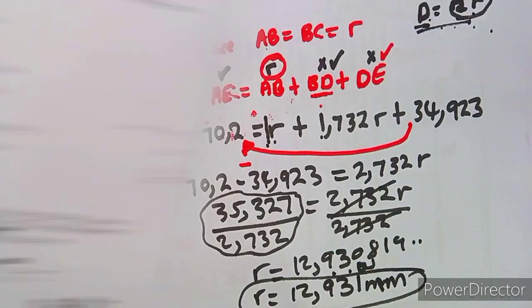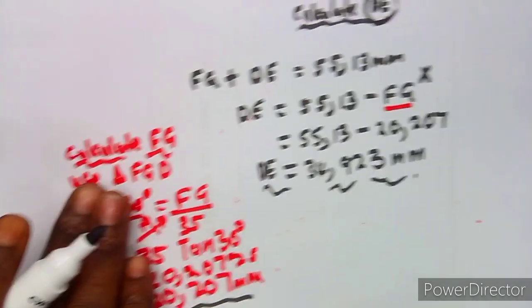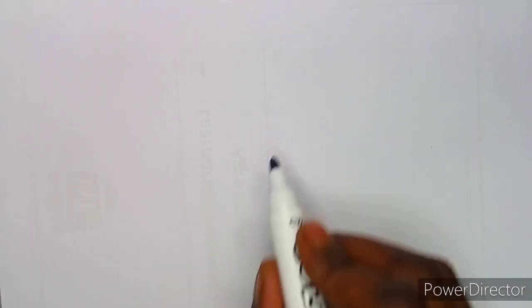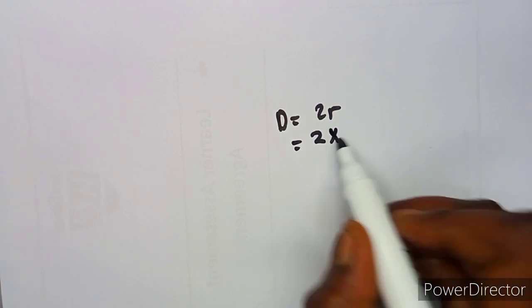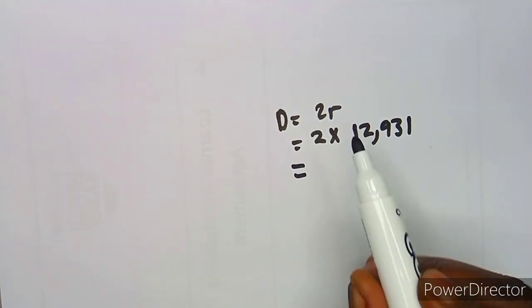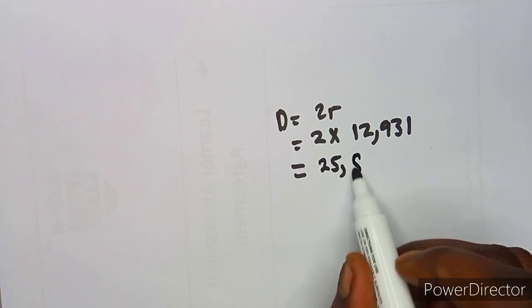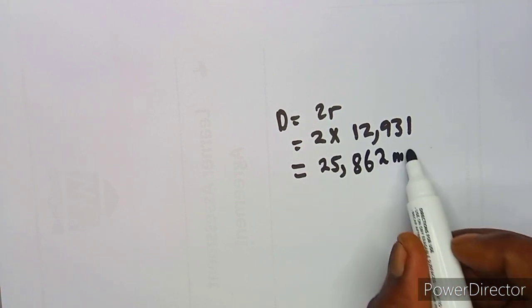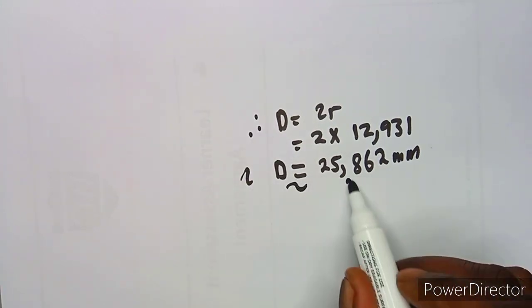So our diameter is equal to 2 times the radius, so the diameter is 2R, which is 2 times 12.931. If we multiply this, we are going to obtain 25.862 millimeters. So that will be our diameter in this case.